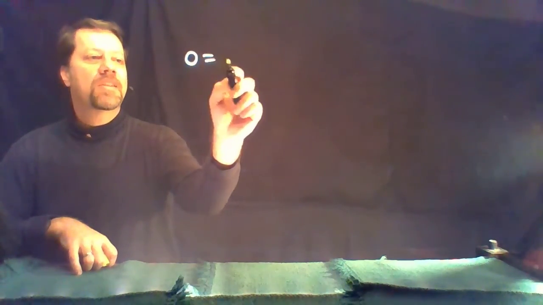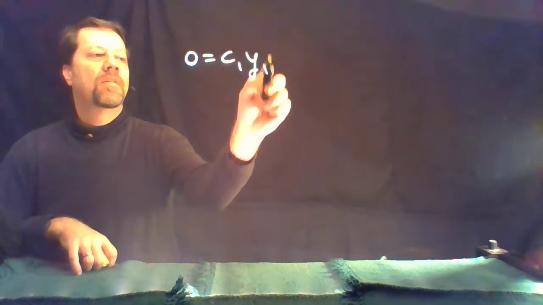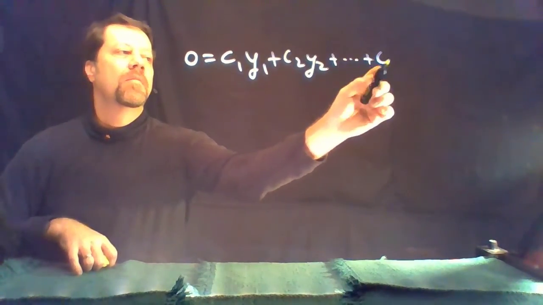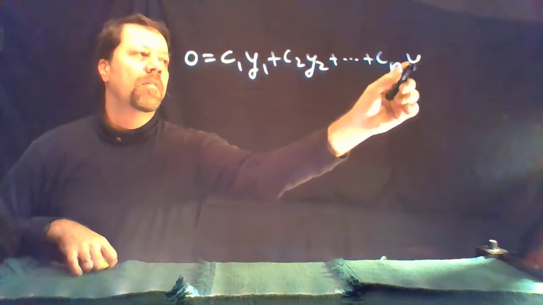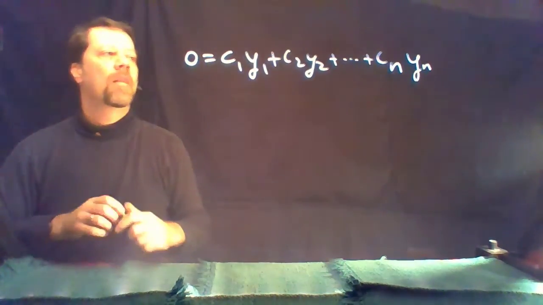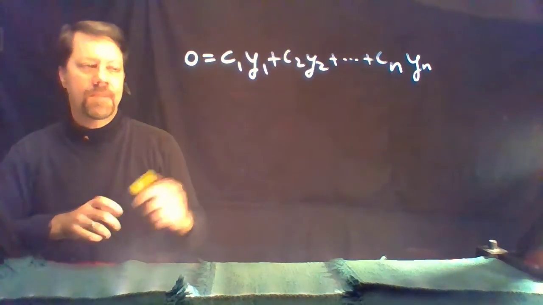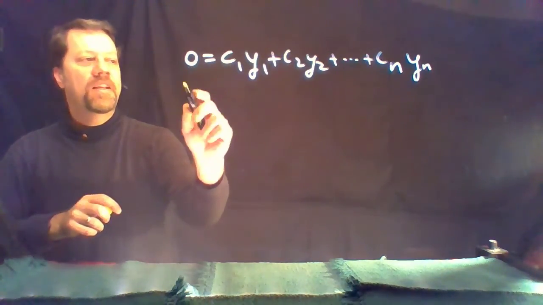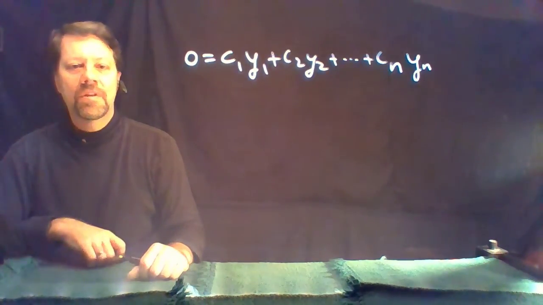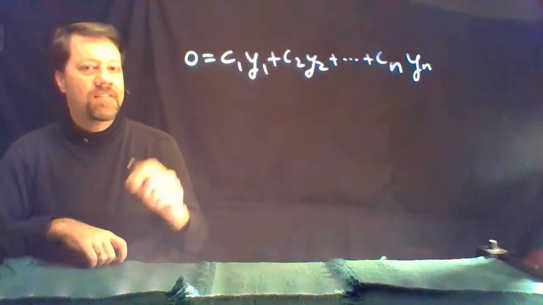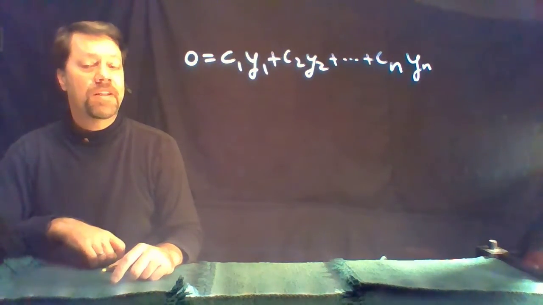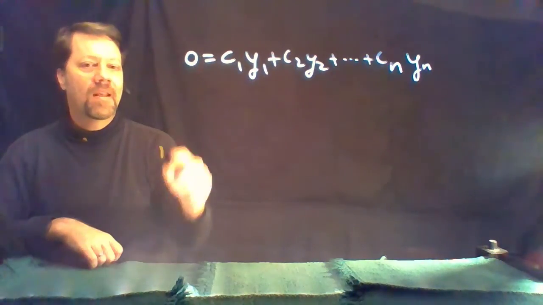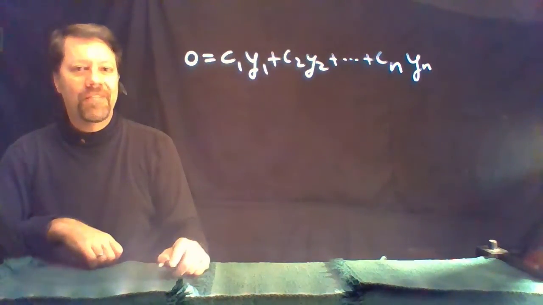We're going to start with this equation, and I'm going to go all the way to the subscript n, from C1 through Cn. If this equation holds for all x, then it will certainly hold, especially if these are solutions to an nth order differential equation. This should hold when I take the derivative as well.